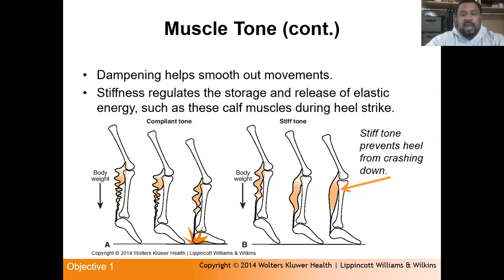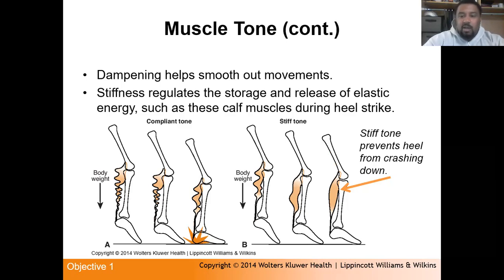Similar to this, they have an example with the heel, which is just stiffening. Stiffness regulates the storage and release of elastic energy, such as in the calf muscle during heel strike. So the example is showing that when you're walking around, if your muscles are really lax and have no stiffness to them, your heel strike is going to be really intense.